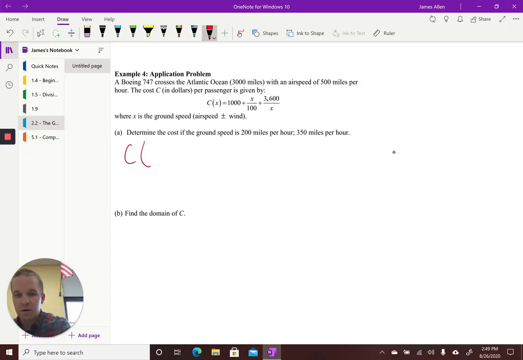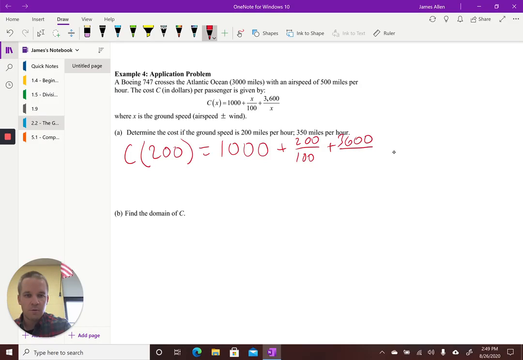So C of 200, and I'm just plugging this all in, 1,000 plus 200 over 100 plus 3,600 over 200. I'm going to get 1,020. So that's my cost if my ground speed is 200. That's the cost per passenger.